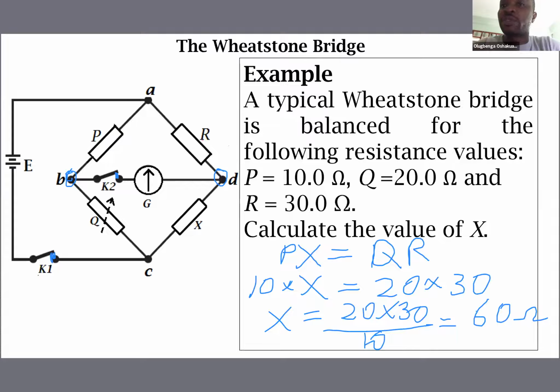So it means this is 60 ohms. P is 10 ohms, R is 30 ohms, and Q is 20 ohms. So when you have the resistors arranged in this manner, 10 ohms, 30 ohms, 60 ohms, and 20 ohms, there will be no current between points B and D. The galvanometer will not deflect.